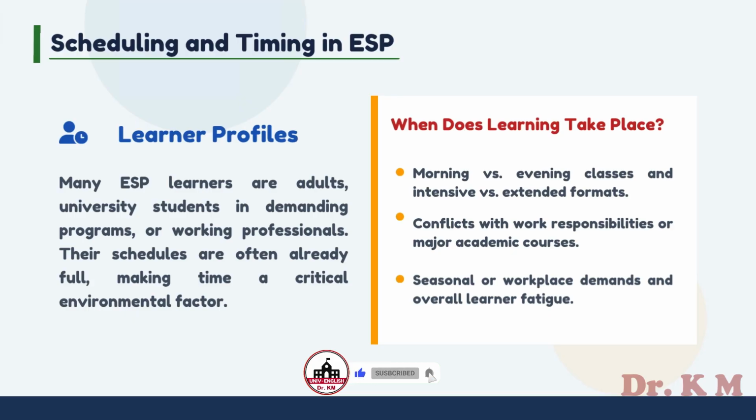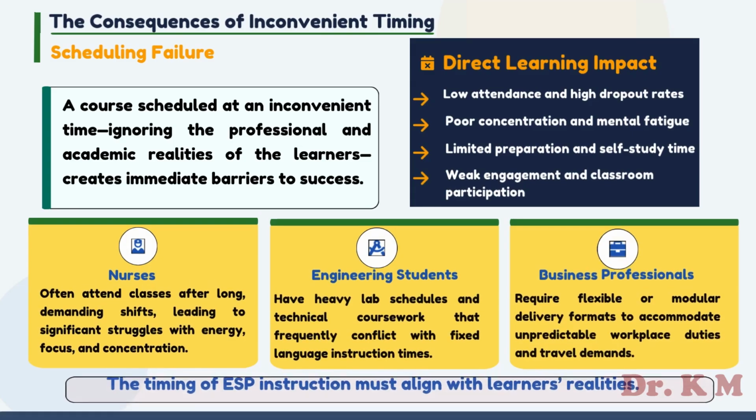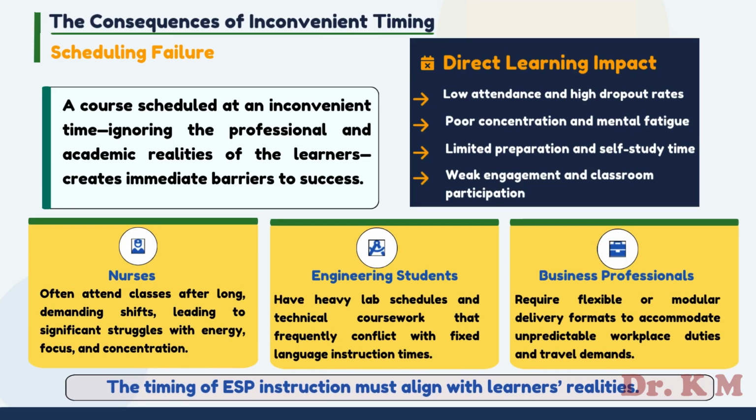Key issues: morning versus evening classes, intensive versus extended courses, conflicts with work or major courses, learner fatigue, seasonal or workplace demands. A course scheduled at an inconvenient time may lead to low attendance, poor concentration, limited preparation, and weak engagement.